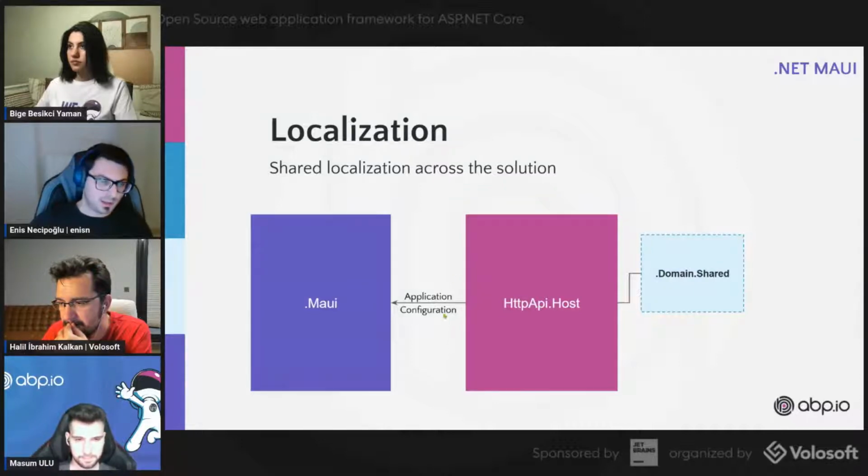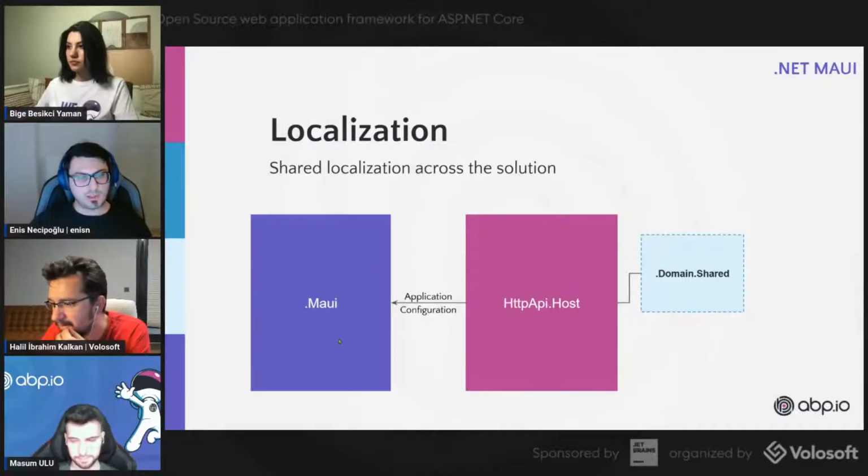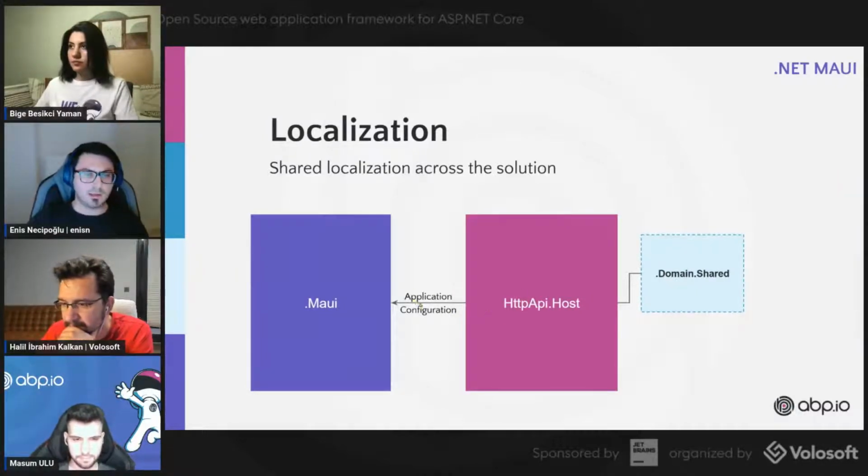As Halil says, the application gets application configuration from the HTTP API host. In that situation, your MAUI application is another client to your backend. So this MAUI application gets application configuration from the backend, and you use all the ABP logic from this application configuration.